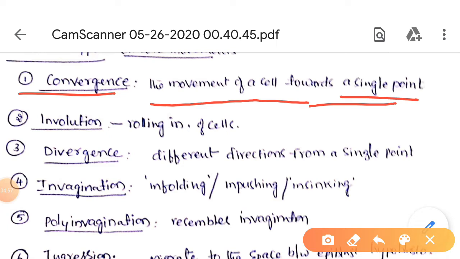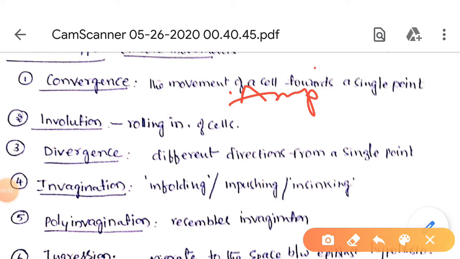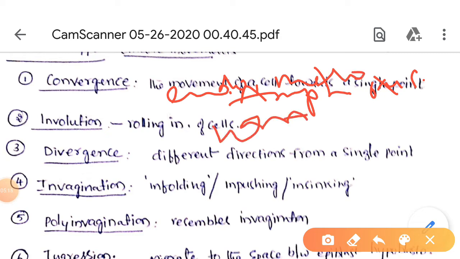We can see an example in amphioxus. In amphioxus, the presumptive endoderm, mesoderm and notochordal cells located on the surface of the early gastrula migrate towards the single point of the blastopore.